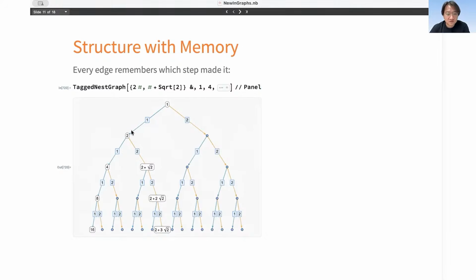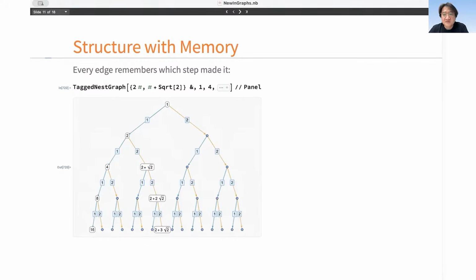So this is how you see the steps recorded in this graph. This is why I call it tagged. The graph is not just the final shape, it is a record of the process.